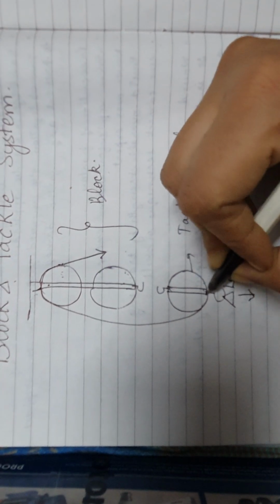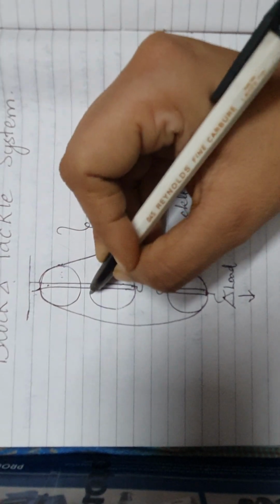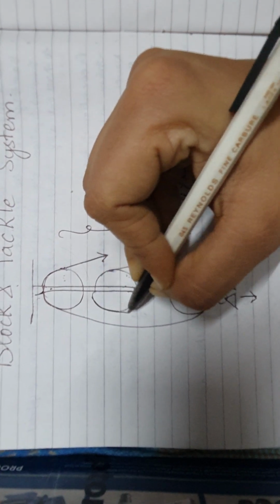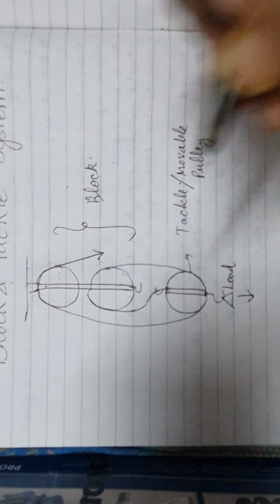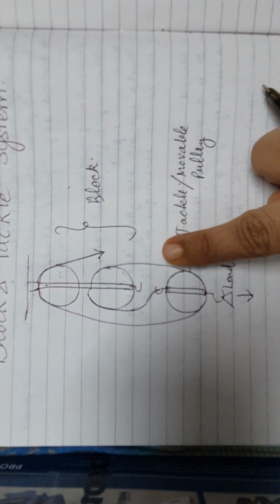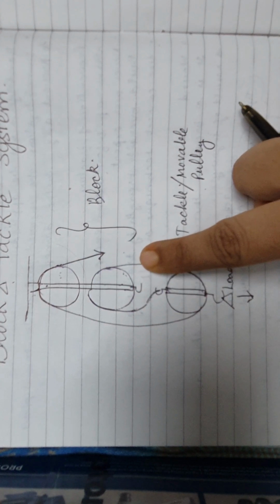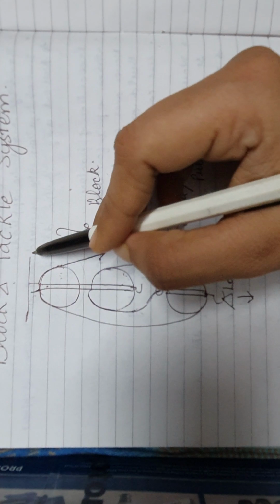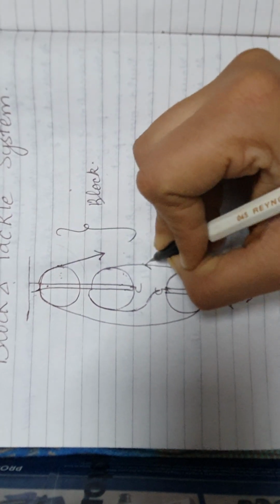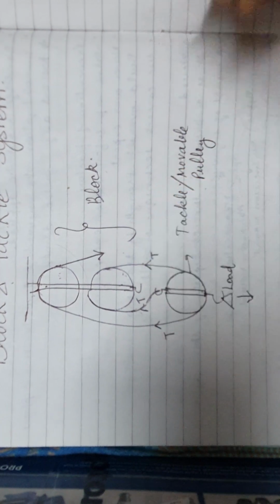Now from here, we cover the second pulley, and then we attach this to the hook. Because you are taking a string here, tension will act on the string, and tension is always directed towards the fixed part, so the tension direction will be upwards: T, T and T.